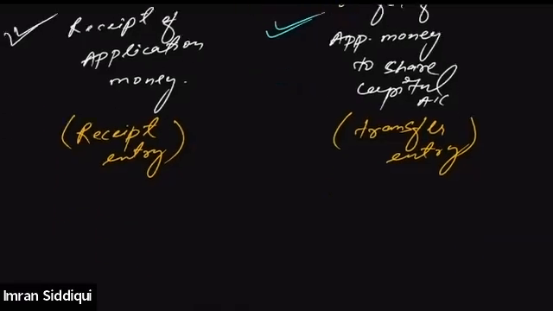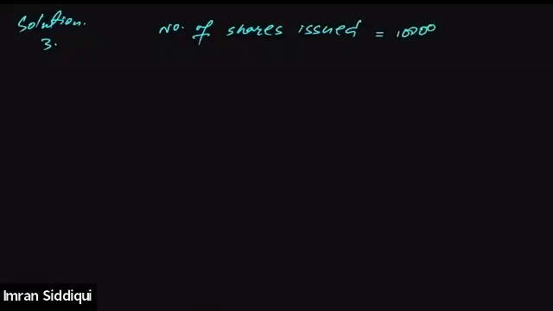So let me solve this question for you, and I'll give you other questions to solve. Question number 3. In this question, the number of shares issued is 10,000, and the face value of each share is 100 rupees each.